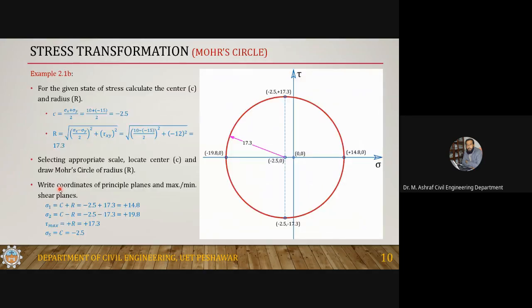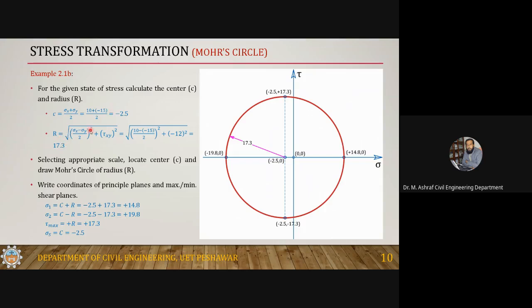Now your first major step, which is composed of 3 steps: for the given state of stress, calculate the center and radius R. The center C is (sigma x plus sigma y) by 2, so (10 plus minus 15) by 2 is minus 2.5. And R, using this expression, is 17.3.